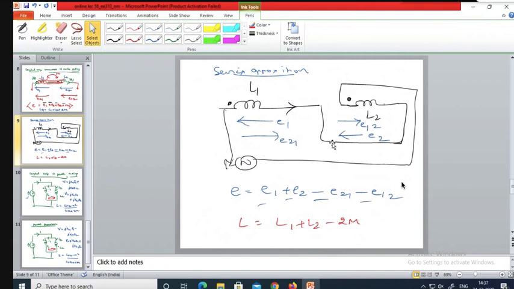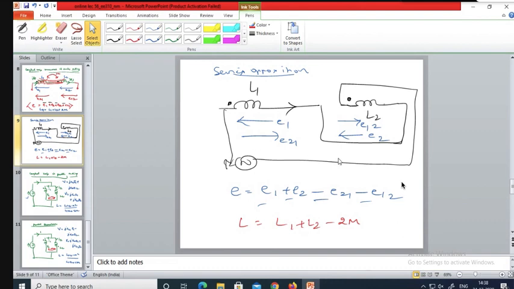In series opposition, E1 and E2 are the self-induced EMFs, and E21 and E12 are the mutually induced EMFs. They oppose the self-induced EMFs respectively. As a result, the total inductance is L1 plus L2 minus 2M. I guess you can easily make out what E21 and E12 are.